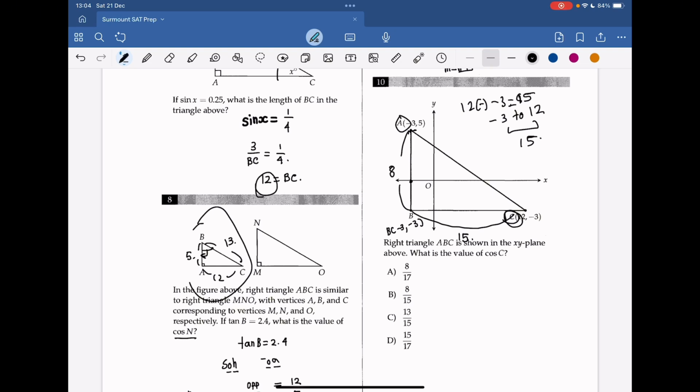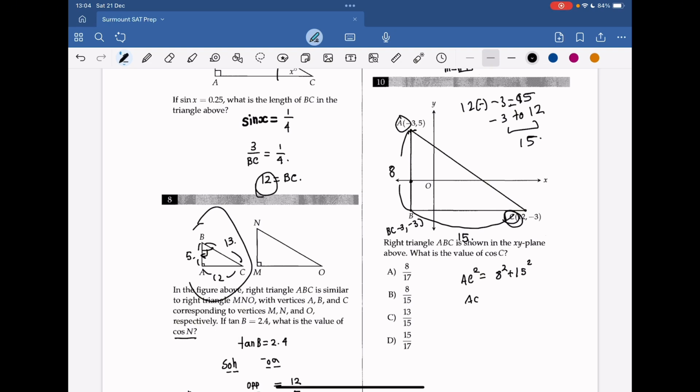We can again use the Pythagorean theorem to find the side of AC. So we can represent this as AC squared is equal to 8 squared plus 15 squared. First we expand the 8 squared and the 15 squared, and we add them together.